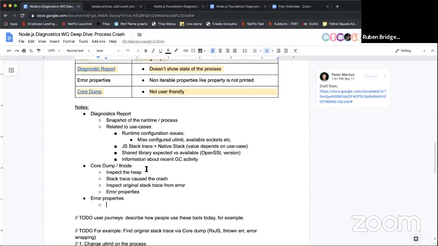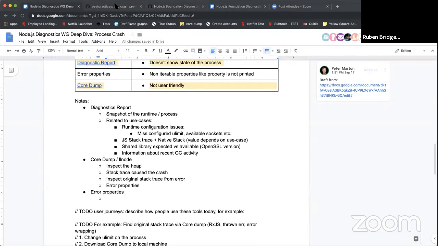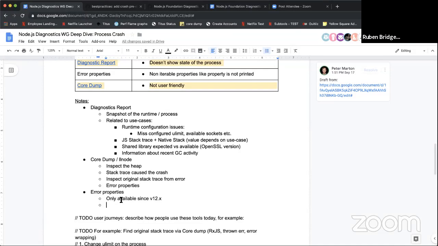Just as I said before, for a long time, Node.js did not print errors fully. It just printed the stack trace, and the stack trace contains the actual stack frames, and it also contains the error message and the error name. While it might not be the actual name of the error class, because if you have a subclass of an error, then it normally only prints the native class name.